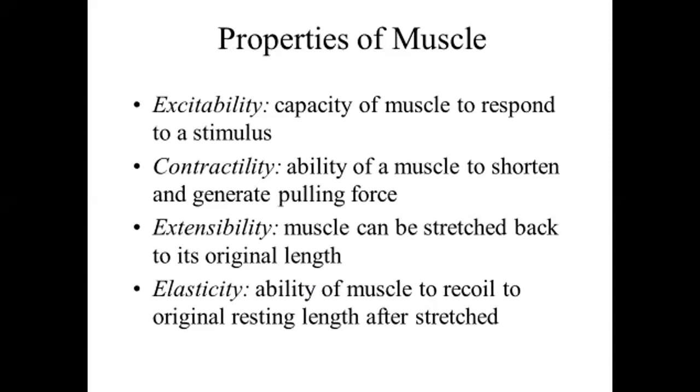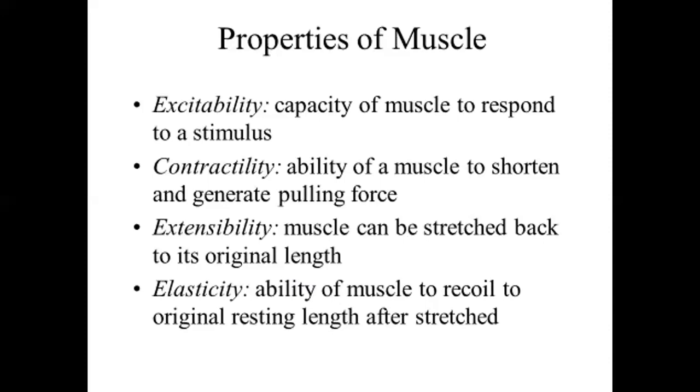Then after extensibility, we have elasticity. Elasticity is the opposite to extensibility. The muscle has the ability to recoil to its original resting length. So when you stretch a muscle and then you release it, it's going to go back to the resting length of that particular muscle. So that is called elasticity.